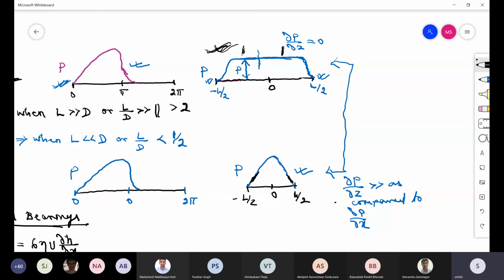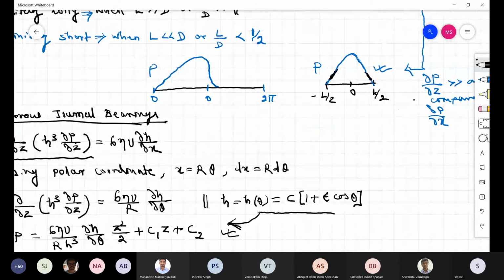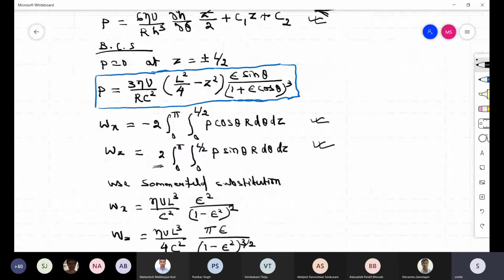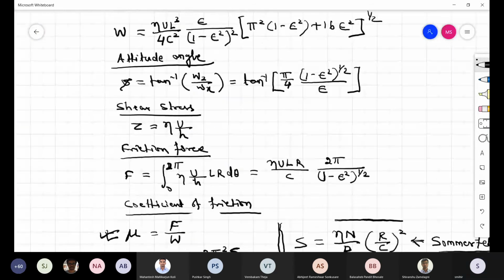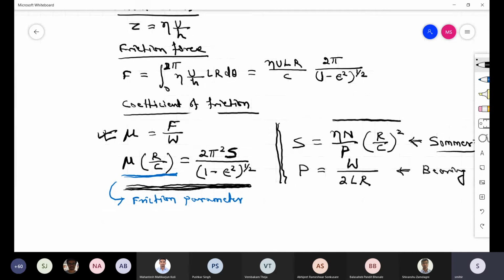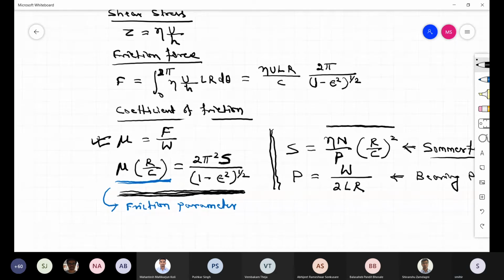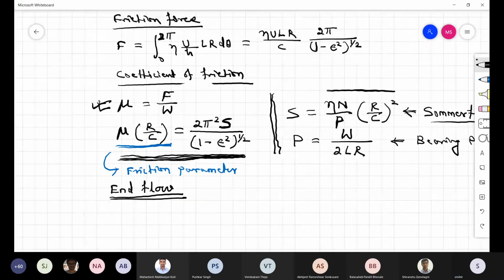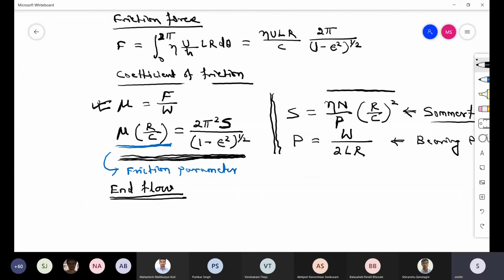But as we are dealing with the Z direction here, you should always calculate the volume flow rate at the end. So here we need to calculate the end flow. How much lubricant is needed to run this bearing can be calculated by calculating the end flow.